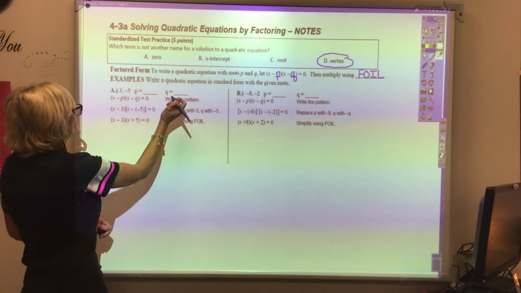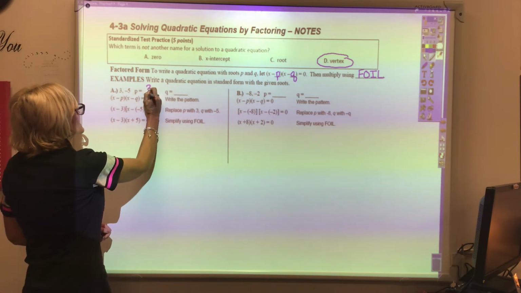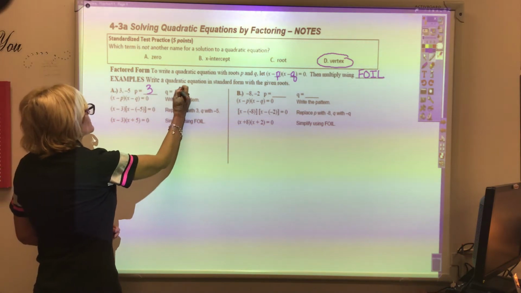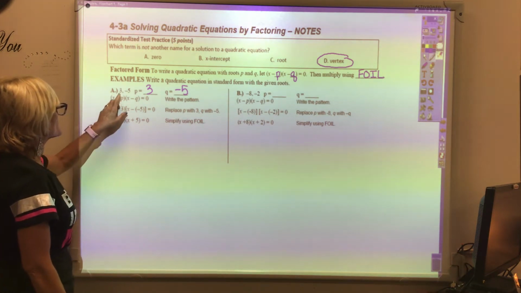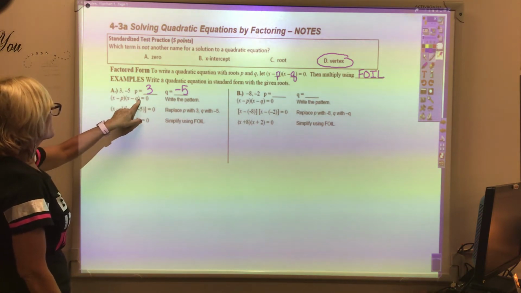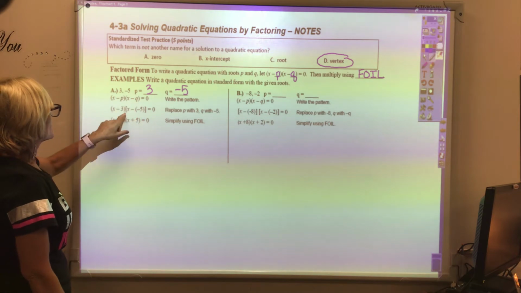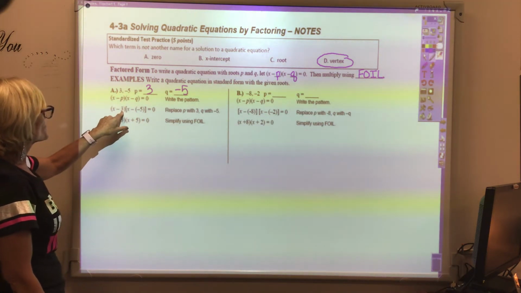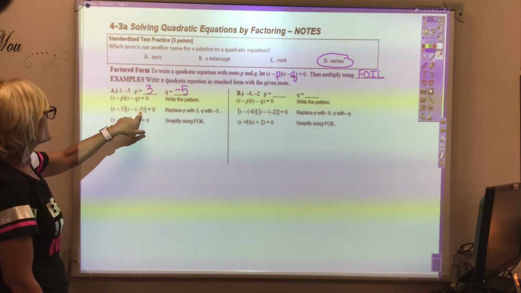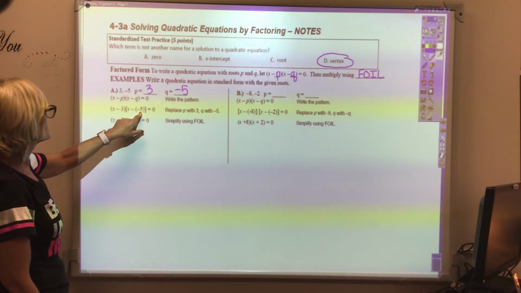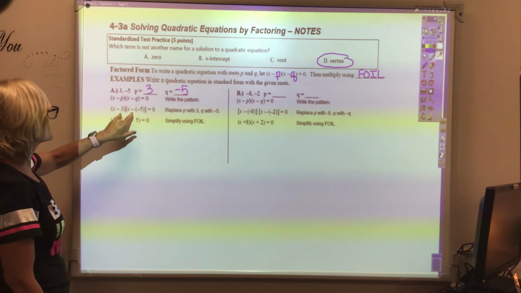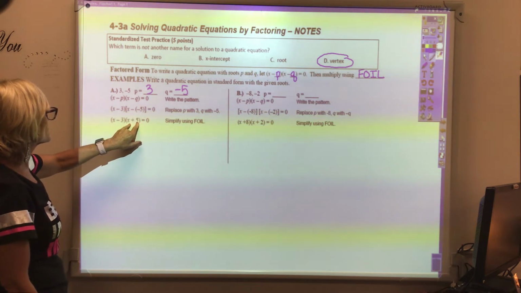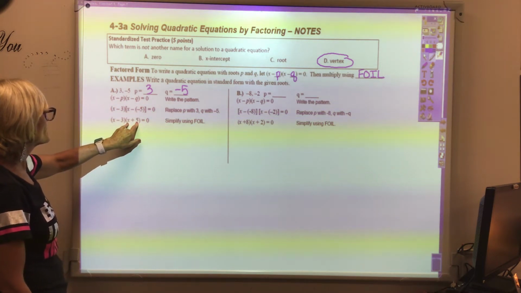We're going to make p equal to 3 and q equal to -5. And what we do is we put in the equation the 3 for p and the -5 for q. Notice these two minuses stay. So we're going to have to simplify the second one and call it x plus 5.